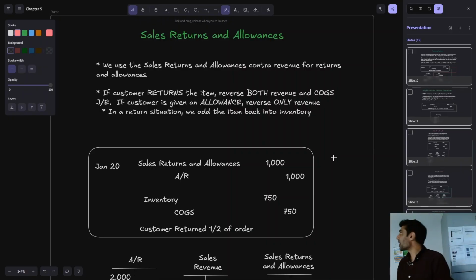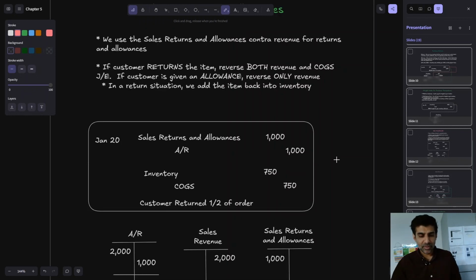So with purchase transactions, there is no difference in the journal entry between those two scenarios. When you are the seller, there is a difference because in an allowance, you're not getting that inventory item back. Versus a return, you are getting it back. So if you're giving an allowance, you're basically not going to have this second journal entry.